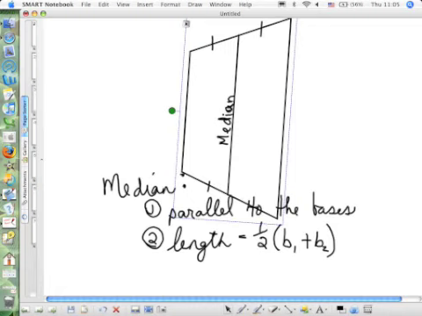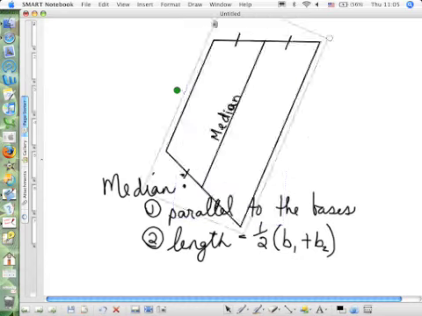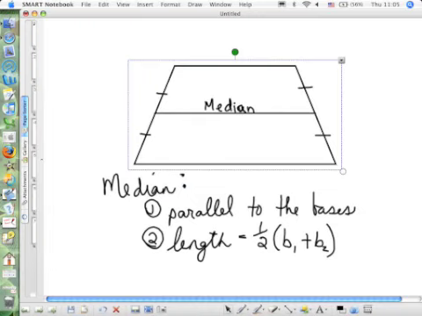That's still a trapezoid, because it has exactly one pair of parallel sides. Okay? So it doesn't always have to be sitting in this direction.